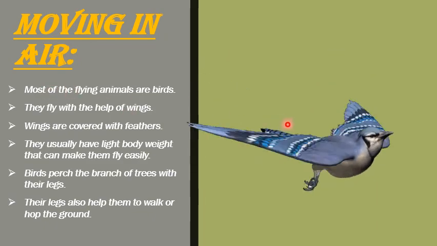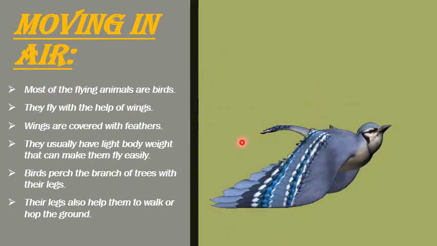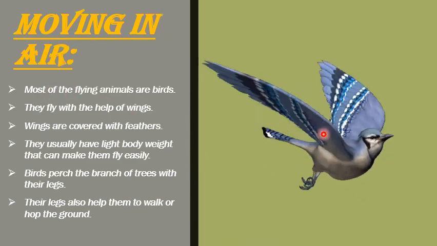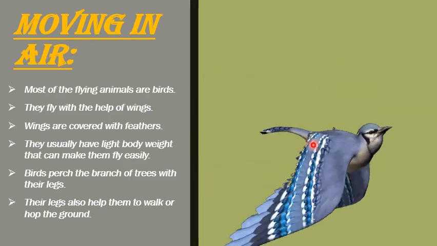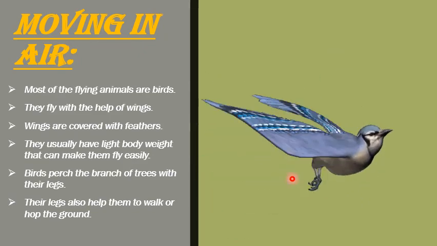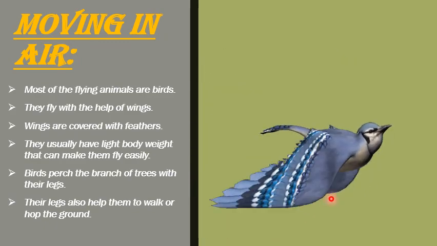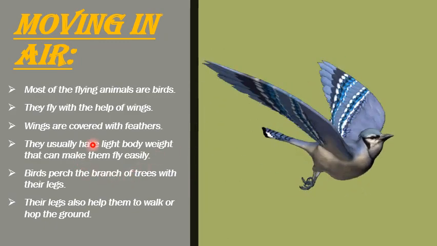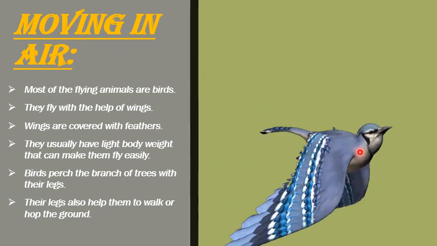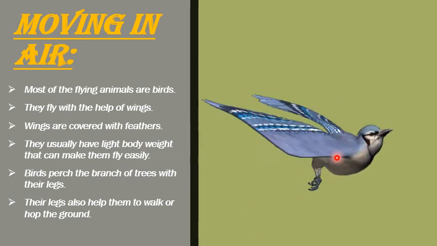Now you can see that they are flying with the help of their wings, which are covered with feathers, but sometimes they walk a little bit with the help of their legs. And they have light body weight so they can control their weight during flight.